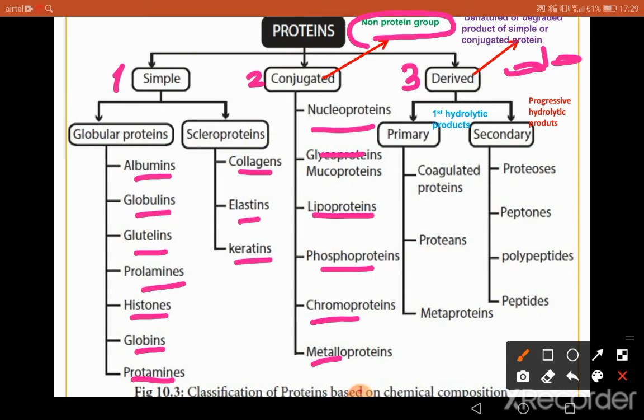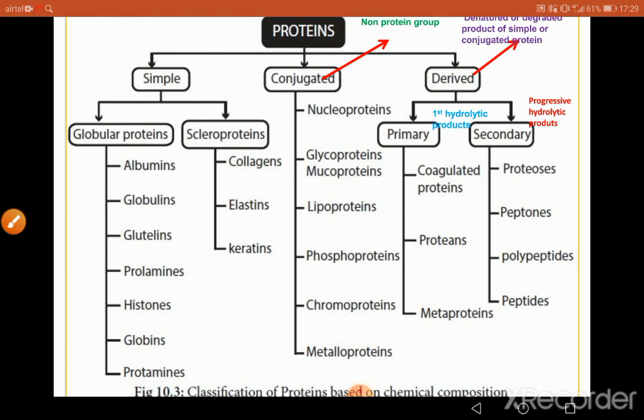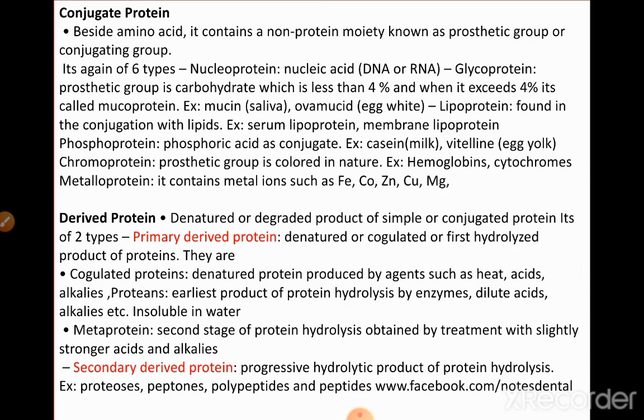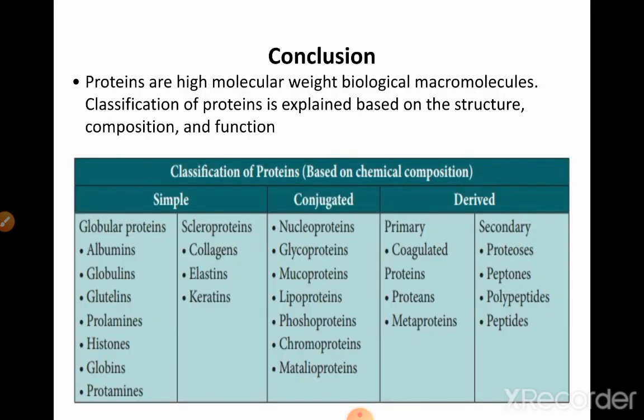This is the overall summary of the classification of proteins depending upon the solubility, the non-protein group, and the degradation or denaturation of the simple or conjugated protein. This is some more information related to conjugated protein and derived protein.